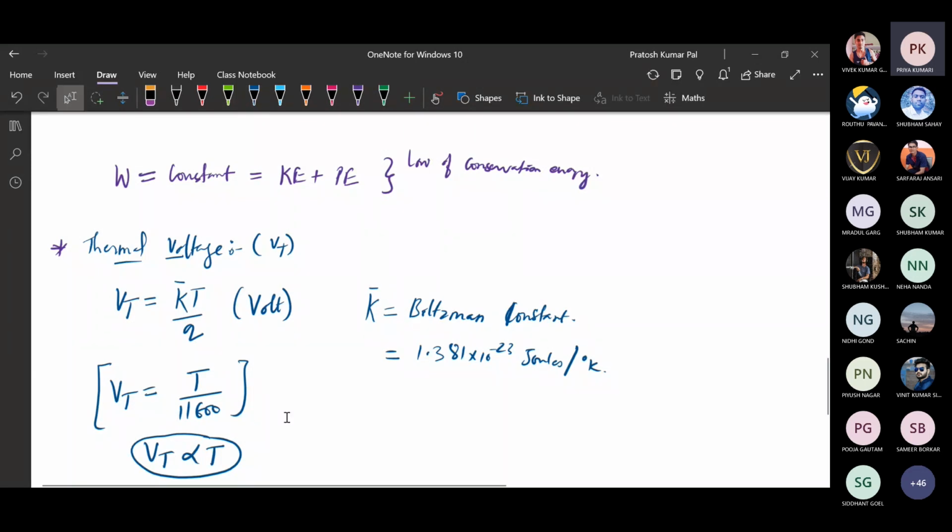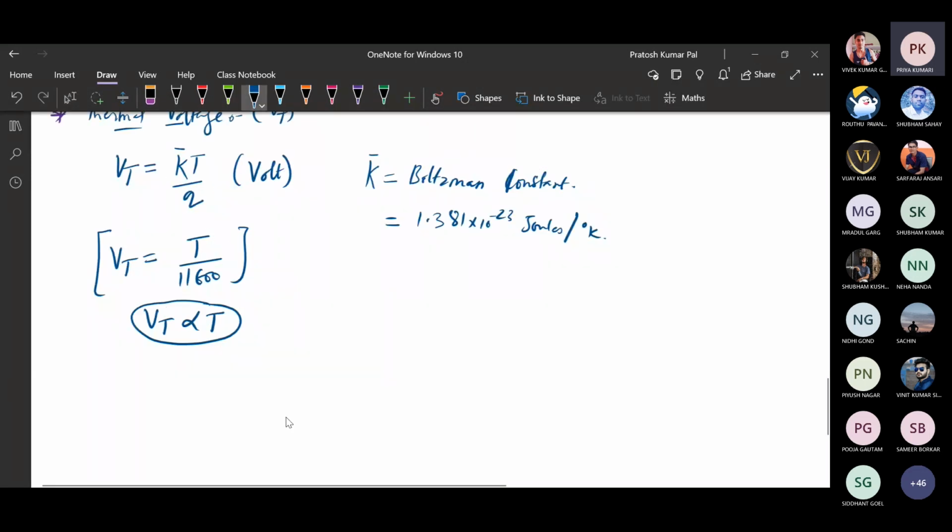Okay, so at room temperature, which is 300 degree Kelvin, that Vt value, that is the thermal voltage, is equal to around 26 millivolt.